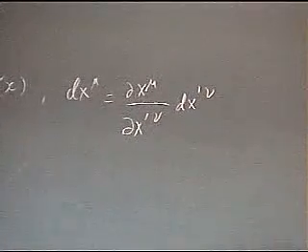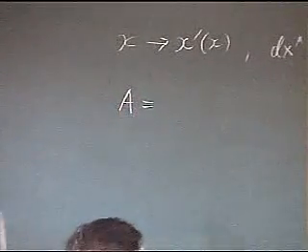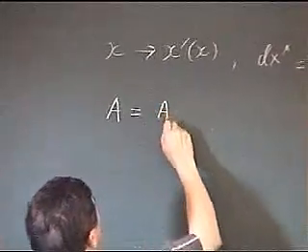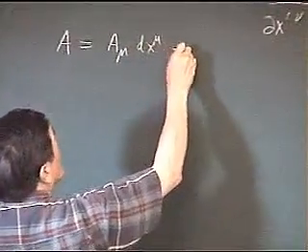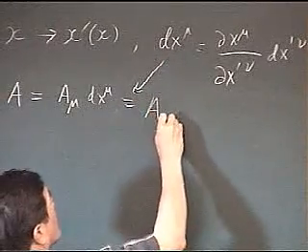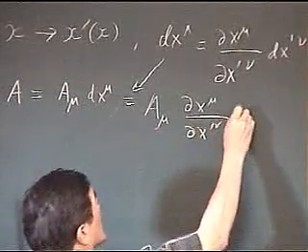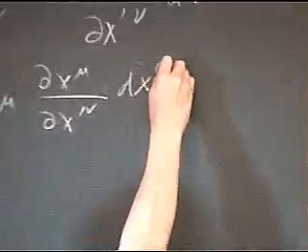Okay? So the one form A is equal to a mu dx mu. So I just plug in dx mu here, right? So a mu dx mu dx prime nu dx prime nu.